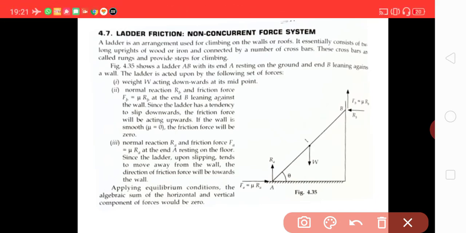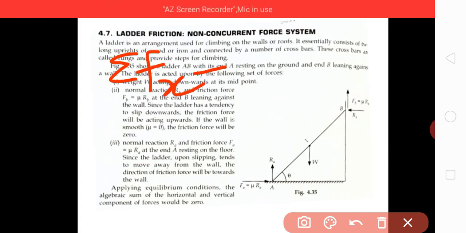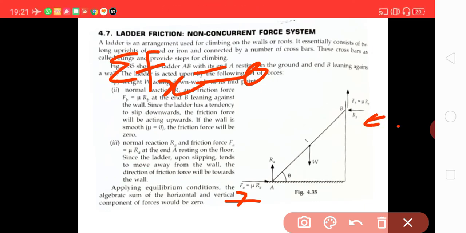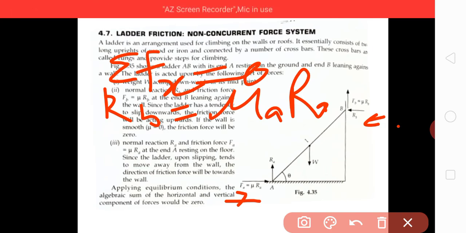Here, what we have to do? First, find summation Fx equal to 0, that is the horizontal components of the forces. Only two forces are horizontal, so we can say RB equal to mu A RA. This is the first equation, the horizontal component.